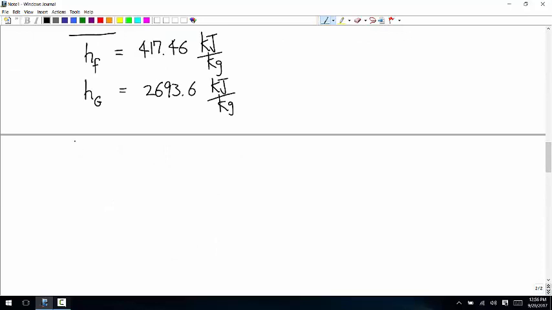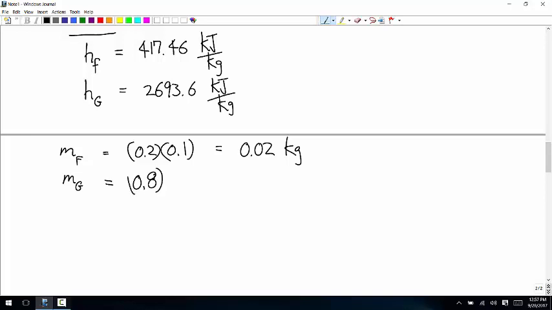And now we have to figure out the masses. So the mass of the liquid is 0.2 times the total mass, so 0.02 kilograms. The mass of the vapor is 0.8 times the total mass, so 0.08 kilograms.